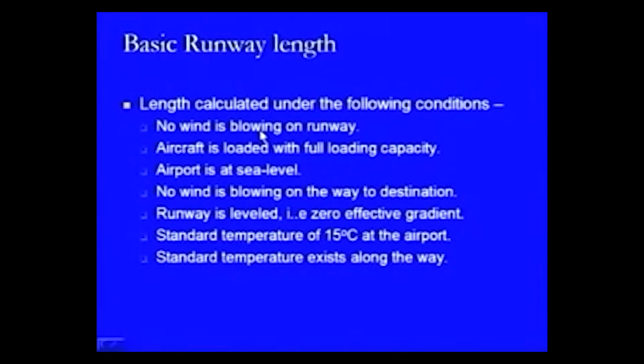This is the very first assumption, so as to take into consideration the effect of the wind, because if there is no wind, then whatever the stopping distance is required on the runway will be the normal stopping distance, but if the wind is there and that is from the head side, then obviously it is going to reduce it, whereas if it is from the tail end side, then it will increase the length of the runway. So, the assumption here is that there is no wind, and in that condition we will try to compute the value of runway and then make corrections related to wind.